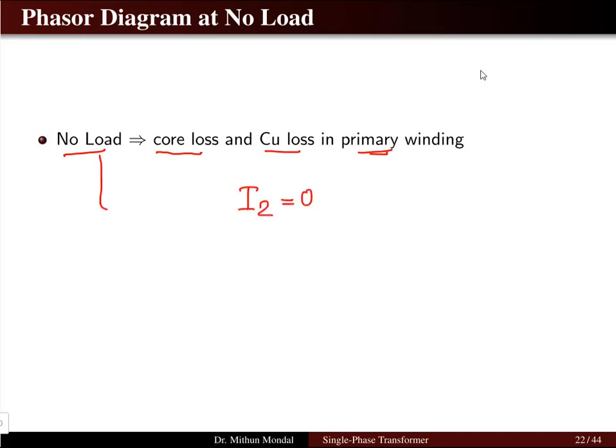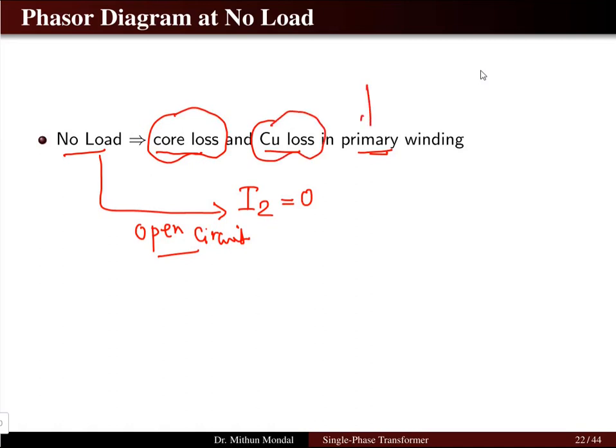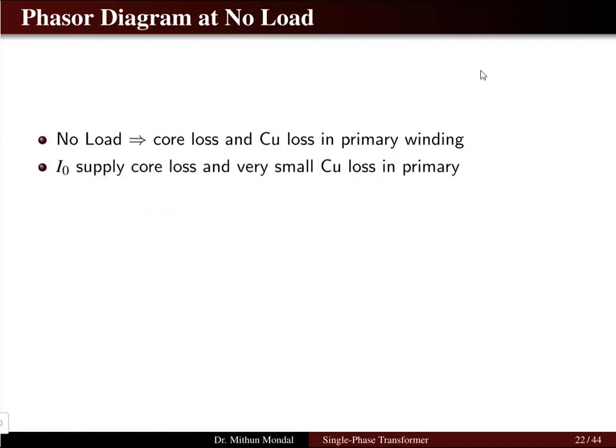Because of the no load condition, it is open circuit. So under open circuit condition, you will not have the secondary current. So only the core loss will be there and copper loss will be there, and that too in the primary winding. Now the primary current I1 will be equal to the no load component of the current, I0.